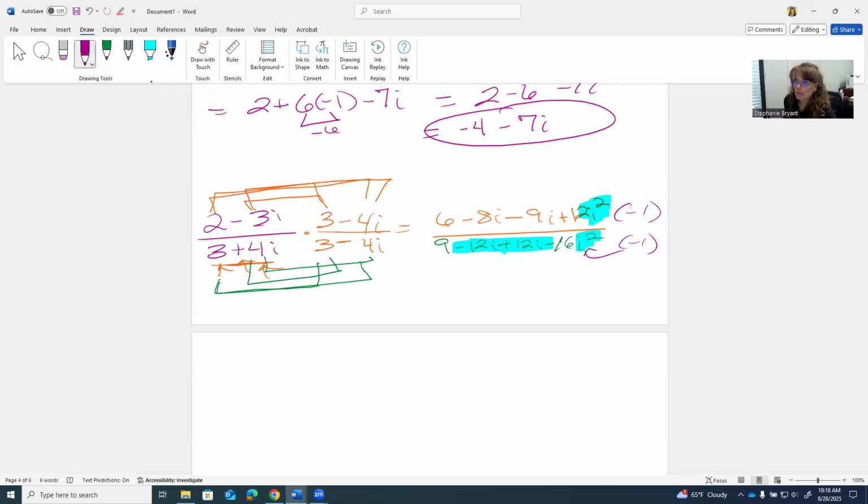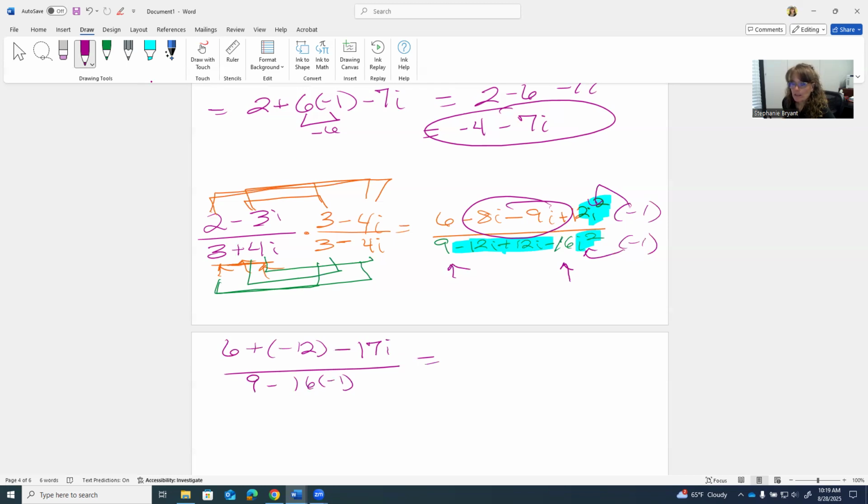Okay, so now I'm going to say 6 plus that negative 12. Let's put these two together. I got a negative 8i minus 9i, so it gives me a negative 17i, all divided by 9 minus 16 times negative 1.